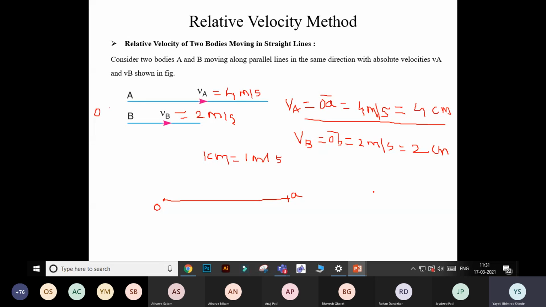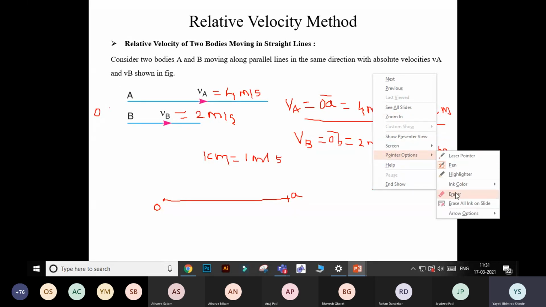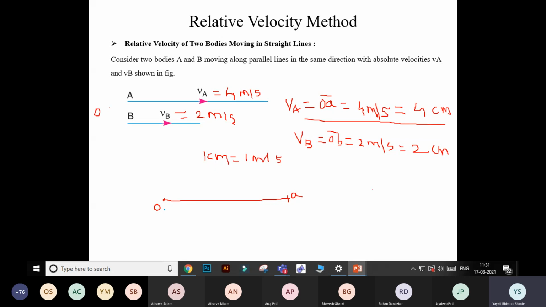Again, you have to take the fixed point O. From this O, you have to draw a 2 centimeter line, which is your vector OB, which is nothing but the velocity of B, and the direction is again parallel to OA.